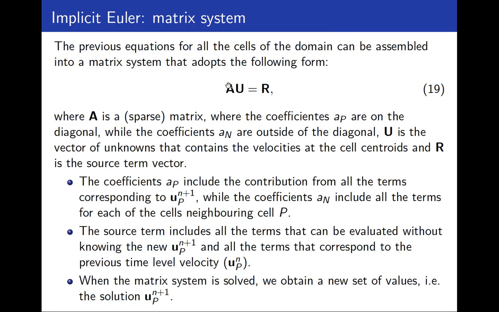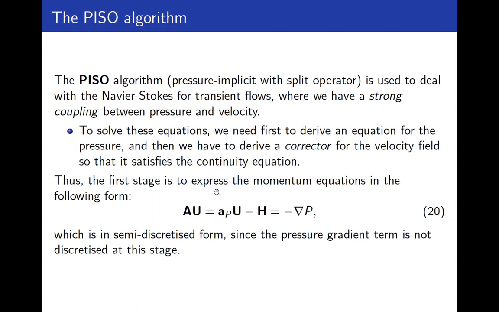And then you remember you have the product between matrix A multiplied by the vector of velocities, and then this matrix product will be expressed as this difference, and that has to be equal to the pressure gradient. So this is a semi-discretized form of the momentum conservation equation, since at this stage the pressure gradient will not be discretized. So don't worry about this, we will talk about this pressure gradient term later.